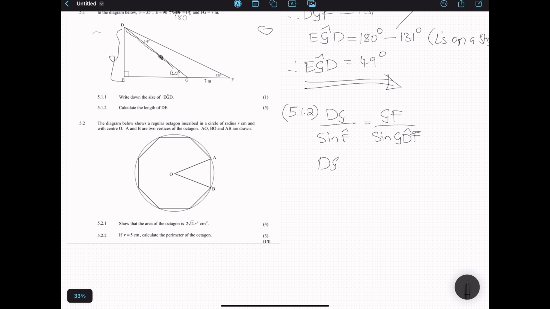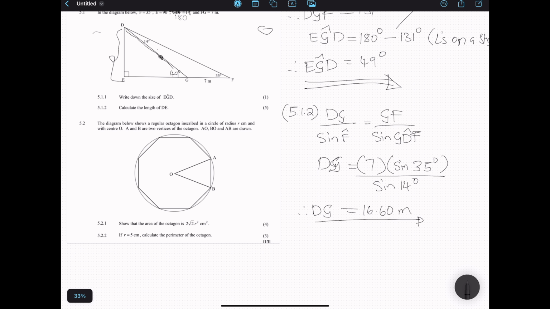DG is equal to GF, which is 7 meters, times the sine of this angle here, sine 35 degrees, all over the sine of 14 degrees. Therefore DG is equal to, when I put this on my calculator, 16.60 meters, and this is the length of this.